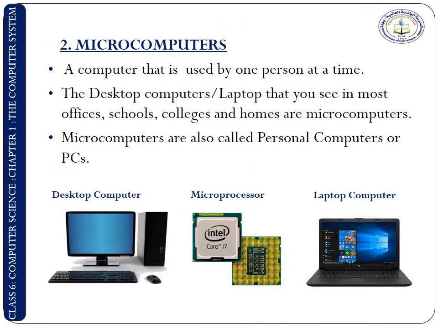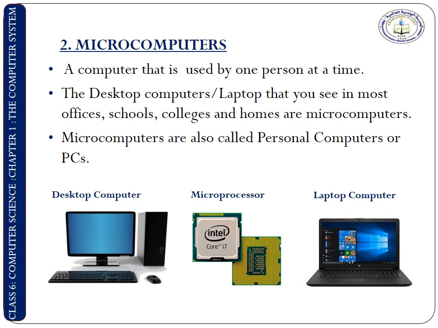The second category in the classification is microcomputers. Dear children, what did you understand about microcomputers? A microcomputer is a computer that is used by one person at a time. It will have only one microprocessor. Do you know what is a microprocessor?